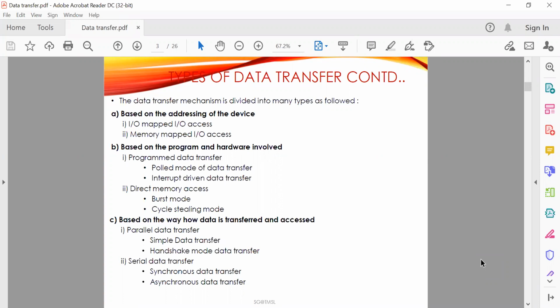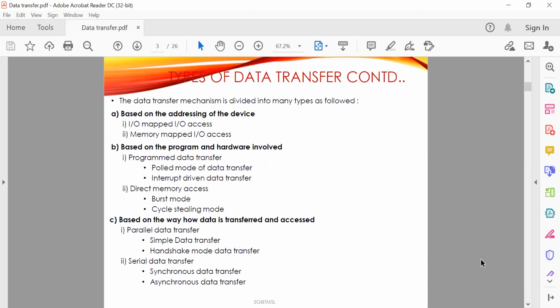It is an efficient technique because processor time is not wasted in waiting while the IO device is getting ready or not ready. So slow IO devices can be interfaced for data transfer using this interrupt driven technique, which can be very useful. Okay. Next is the DMA, or direct memory access.